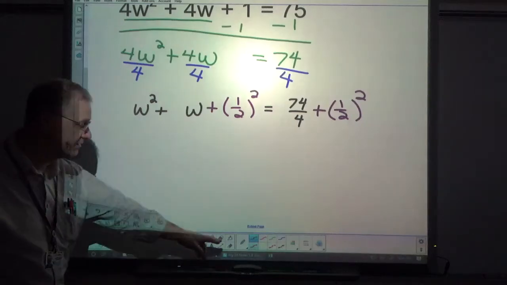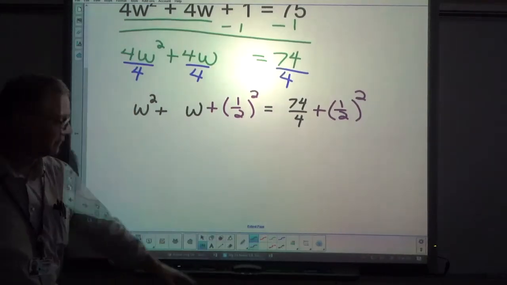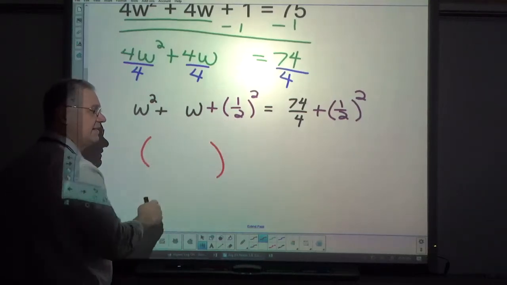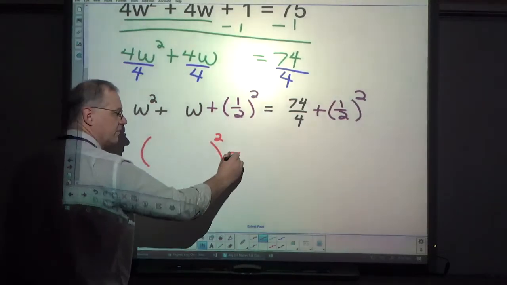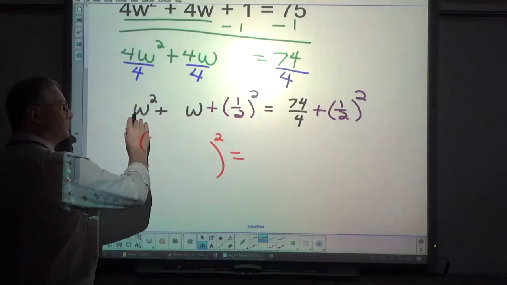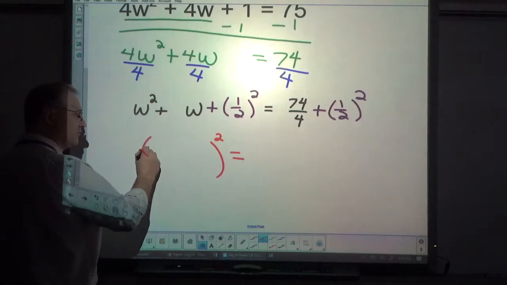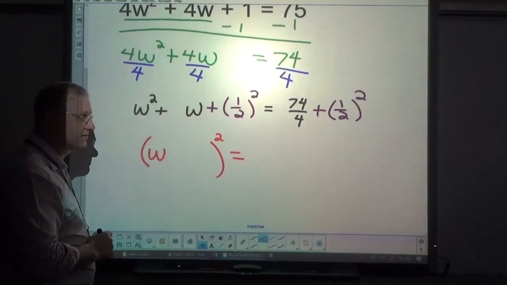Now, here is the complete the square part. So I need to write this side as a binomial squared. The thing being squared here is w, so that goes in the beginning of each parenthesis.